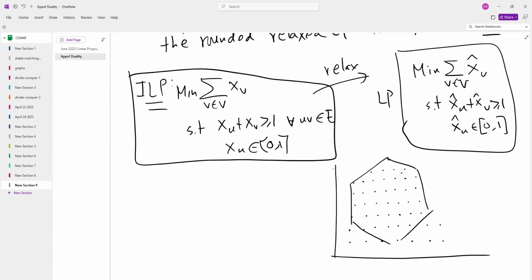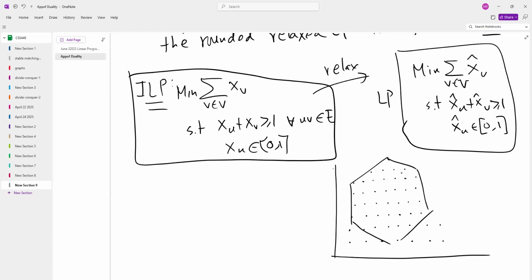So basically the LP has more power than the ILP. If I relax it, the relaxed optimization solution is going to be better than the original, so I can reach a lower objective function value compared to the ILP.